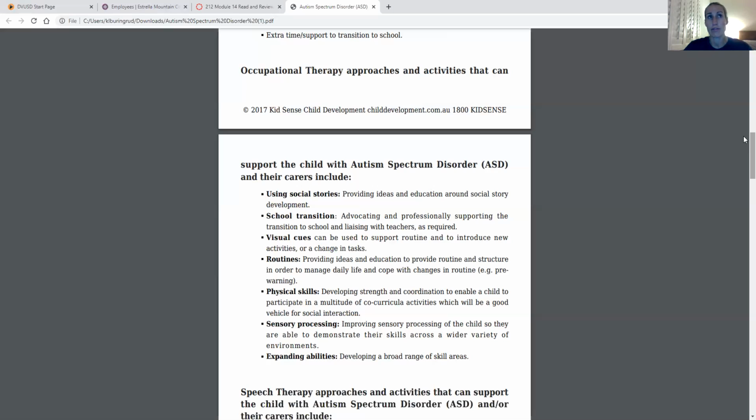So anything they're having difficulty with in transition, social stories can be helpful, not always. Sometimes though, this is what I found. It's funny, I was talking to another therapist about this. So social stories are helpful. The problem is that sometimes we kind of train them, or I don't want to say train them, but if things don't happen exactly the way the social story is written, then we kind of reinforce that rigidity.